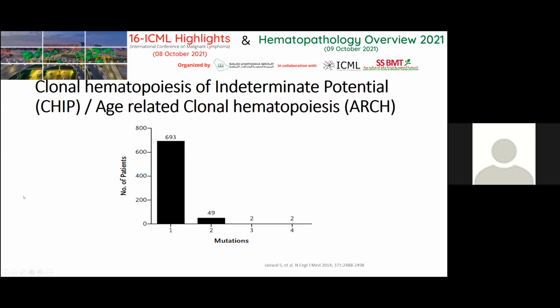Another important observation was that 693 of the 746 persons with detectable mutation had only one mutation in the set of genes that were examined. These findings are consistent with the hypothesis that these persons had clones harboring only the initiating lesions.